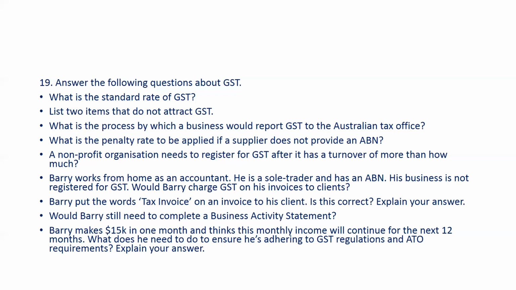If your income from business is more than 70K, you need to be registered. If it's less than 70K, that's fine. So 15K times 12 means it's more than 75K.